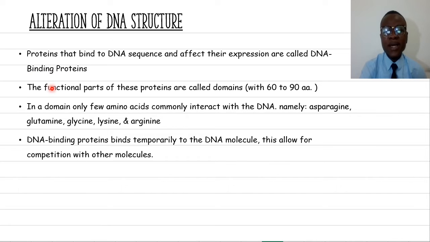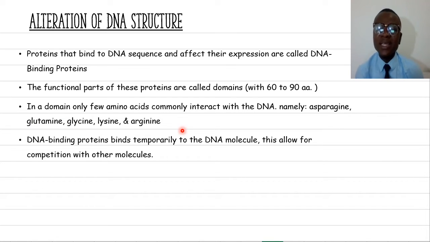So the DNA binding protein has functional parts that are called the domain of that particular protein, and it's approximately 60 to 90 amino acids. In a domain, only a few amino acids commonly interact with the DNA. So, though the domain is made of several, like I stated, you can see the number of amino acids, you only have a few, and those few are usually asparagine, glutamine, glycine, lysine, and arginine.